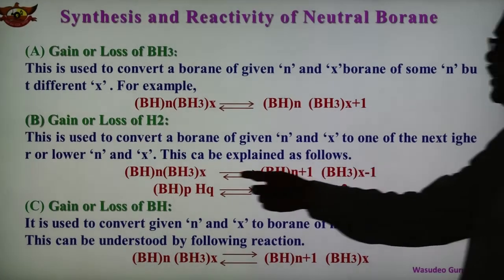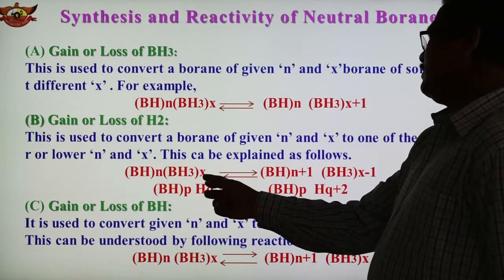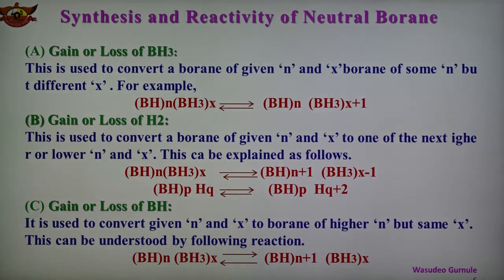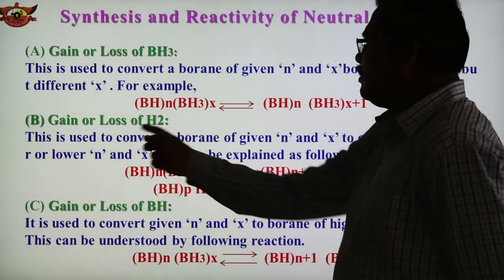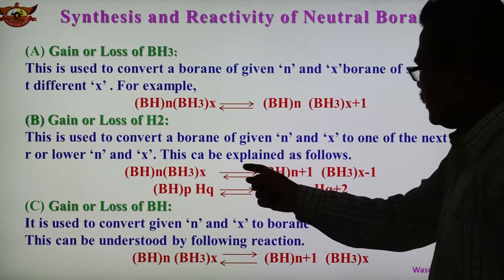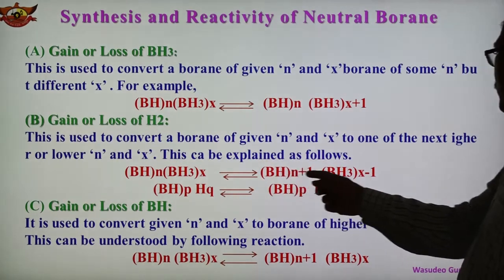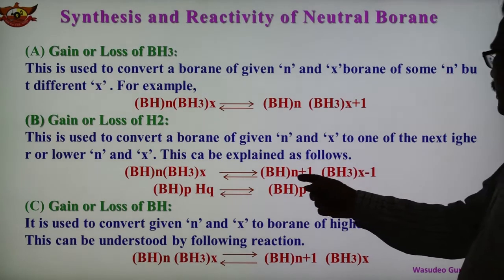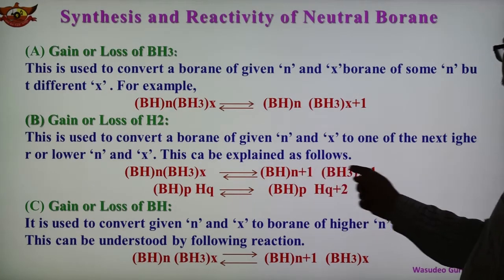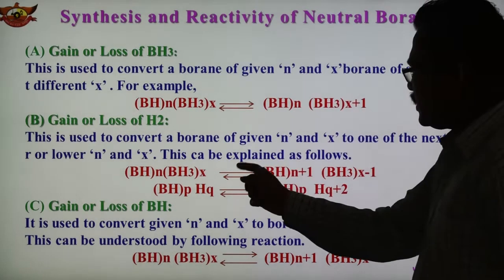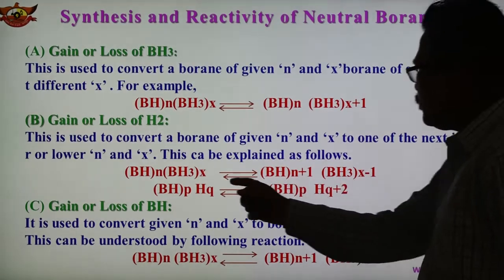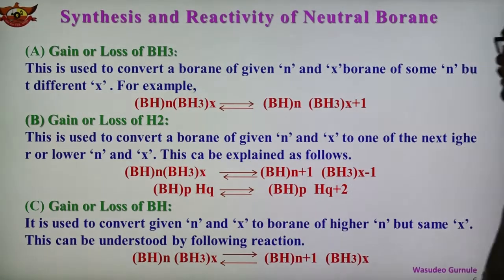In this case BHN, BH3X. Now here we have to add hydrogen. Here it is gain and loss of H2. So plus H2 we get this one. So H2 means plus 1 here and minus 1 here. So plus hydrogen H2, and if you remove H2 we get this one again.